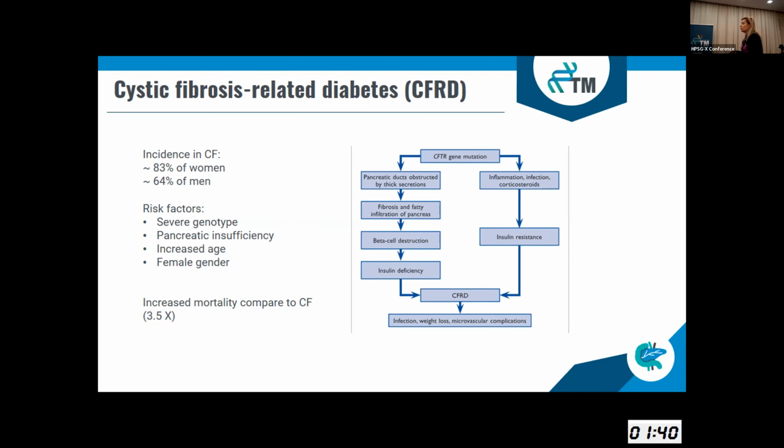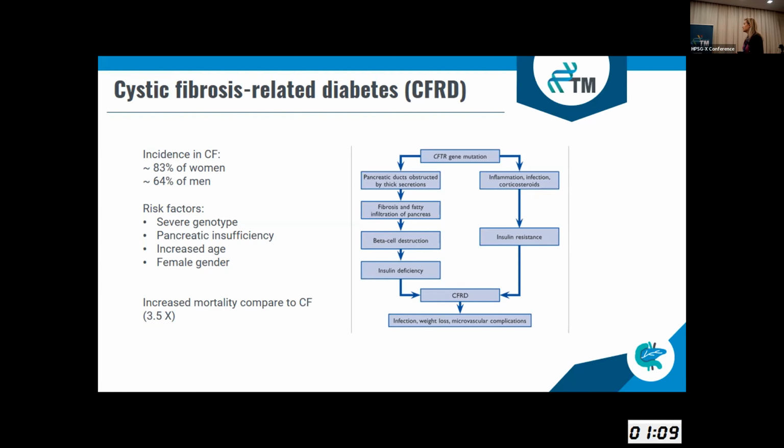It's not type 1 or type 2 diabetes. It's a special type of diabetes in which the inflammatory milieu in the exocrine pancreas destroys the beta cells, and this leads to insulin deficiency and the development of diabetes. However, the exact pathomechanism is not completely known.